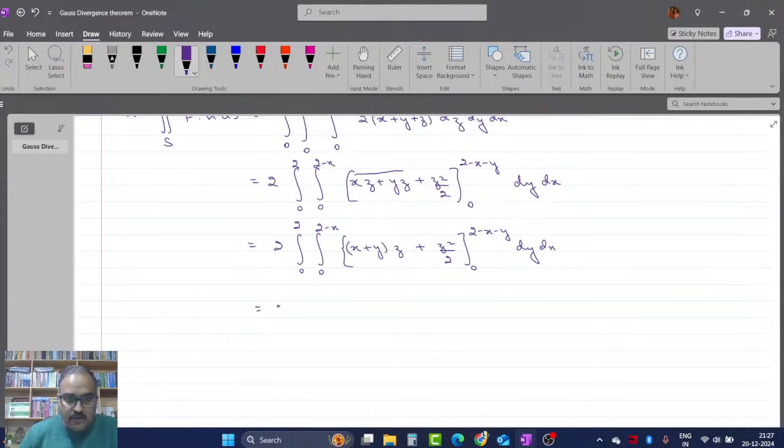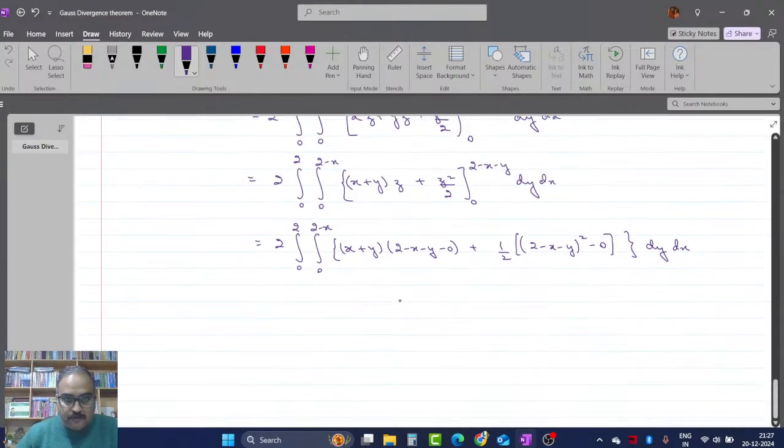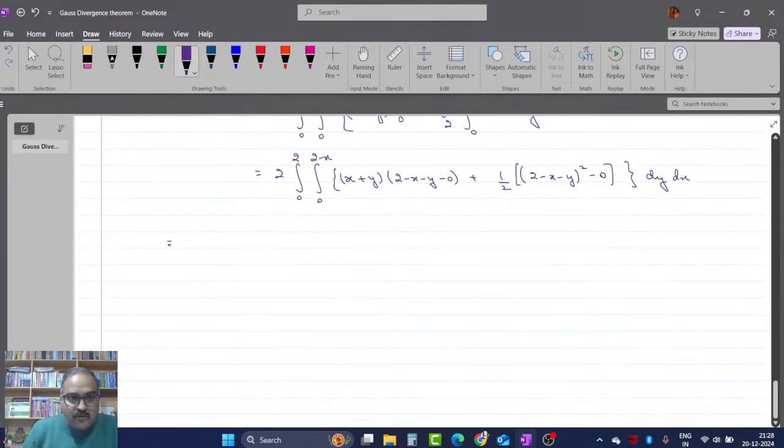Now upper limit minus lower limit: 2 times the integral 0 to 2, 0 to 2 minus x, of (x plus y) upper limit, so it will be 2 minus x minus y, minus lower limit 0, plus 1 by 2 as it is into (2 minus x minus y) whole square minus 0, and then we have dy and dx, for bracket close. So it will be 2 times the integral 0 to 2, 0 to 2 minus x.